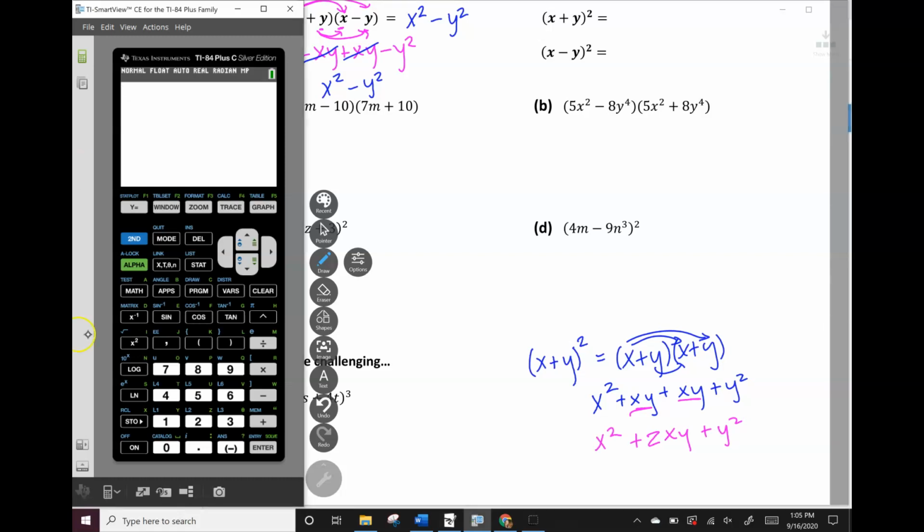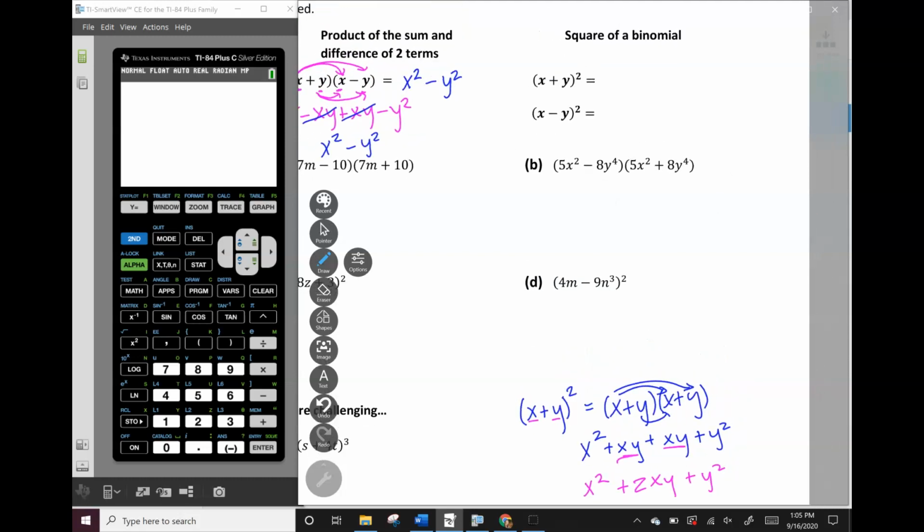And so the pattern here is just that. It's going to end up being the first term squared and the last term squared, and then this middle term is going to be 2 times the product of the two terms. So you've got x squared, 2 times xy, and then plus y squared. That pattern is going to happen every single time.